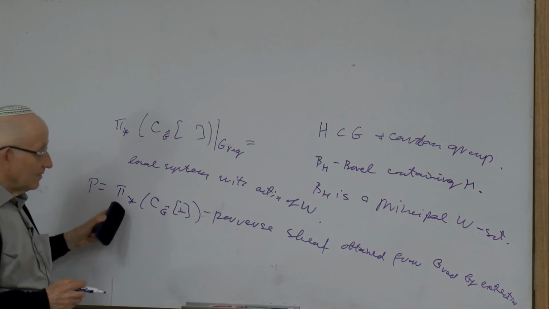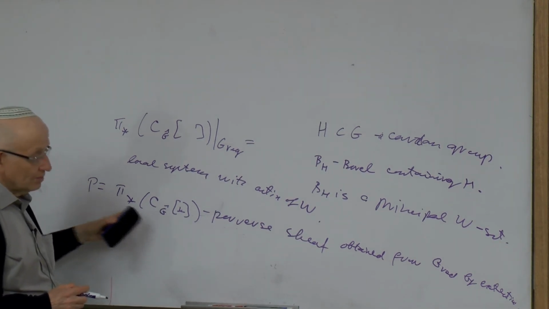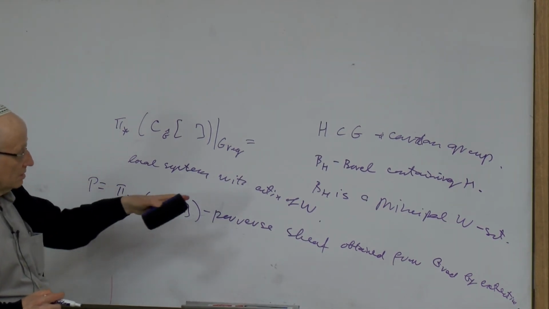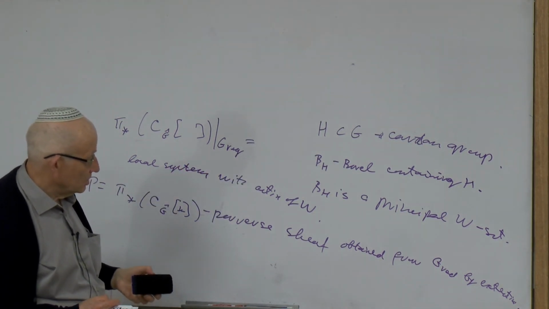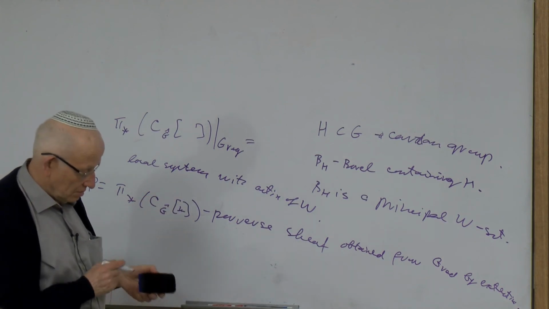So hence, what happens is we have an action of W on the restriction of this sheaf.